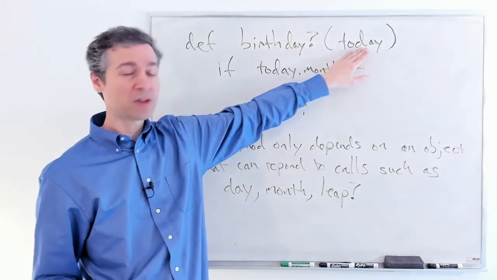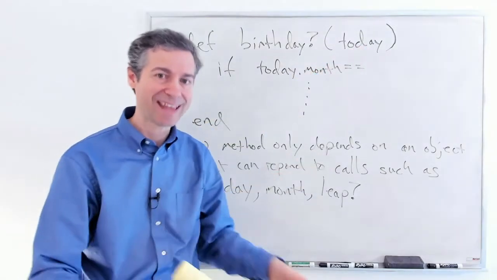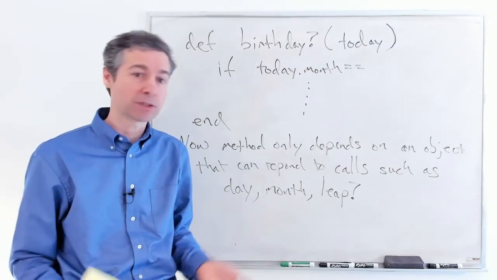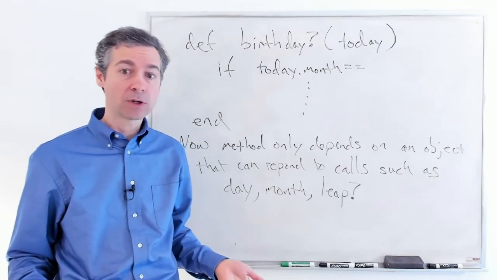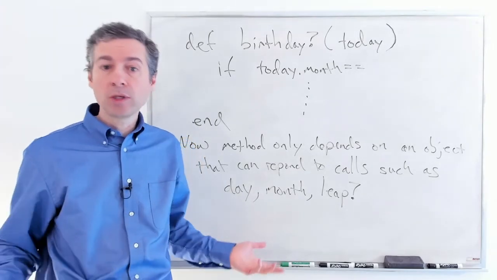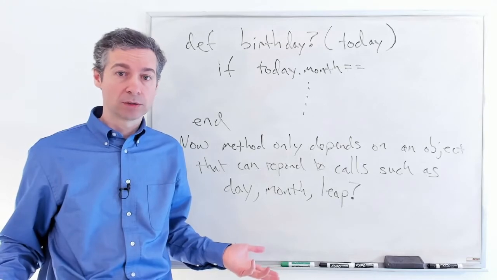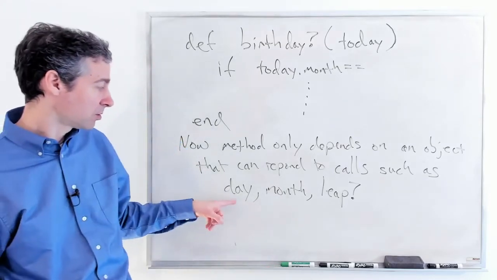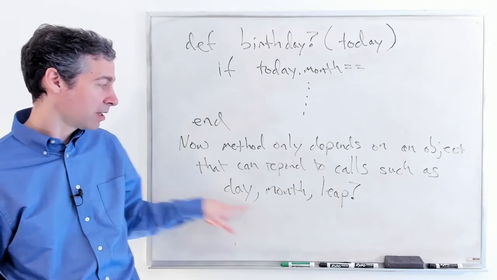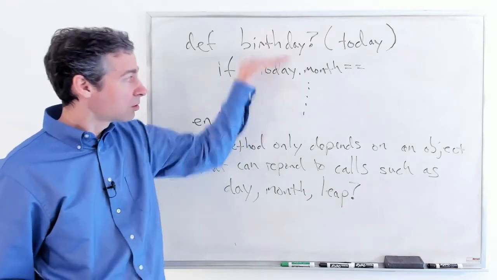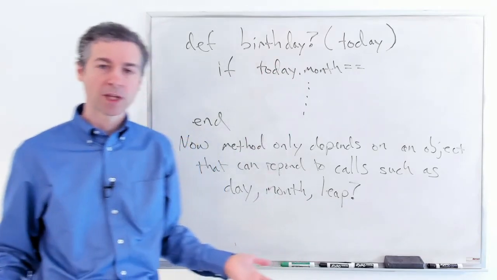We don't know if it's actually a date object. It could be a time object or a datetime object for all we know. It could be any object that we wanted to make or create as well. So long as that object responds to a call to day, to month, and to leap, this code in here is not going to know any difference.